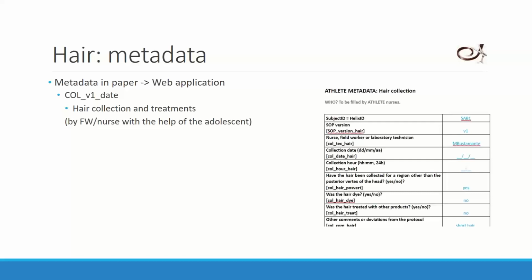Yeah, we ask if the hair has been dyed different colors, and also if they have treated the hair with other products, but we do not ask specifically which products, like keratin or things like this. But we prepared these questions with the lab that is measuring cortisol, and they think that it's enough. But I'm not sure for other analysis.